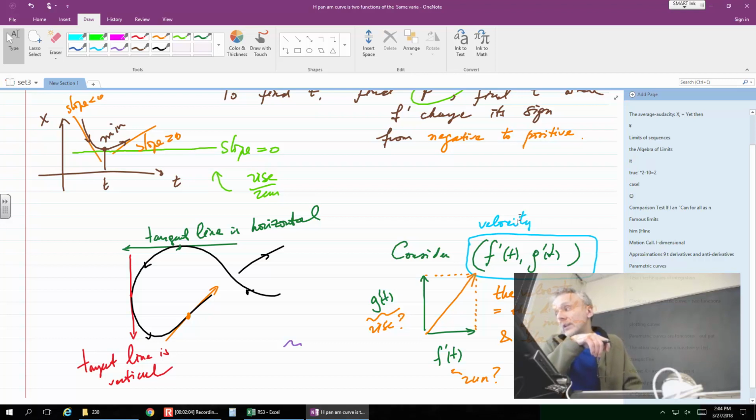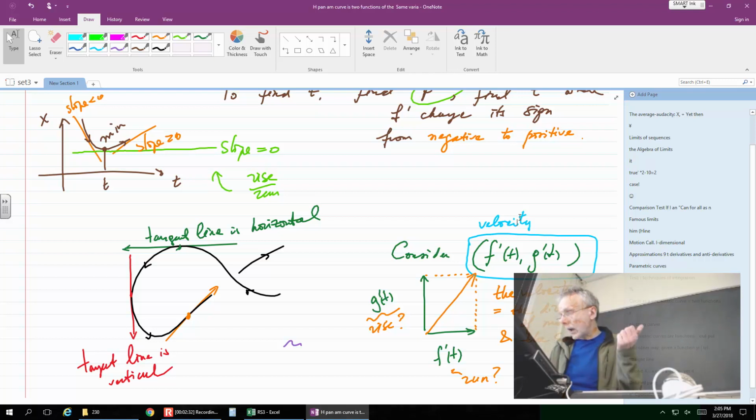But let's just think algebraically. So then f prime is the rate of change in the horizontal direction, the velocity in the horizontal direction, and g prime is in the vertical direction. Vertical and horizontal, it's all relative. It happens to be that the paper, or the screen, is vertical, so there's one horizontal and one vertical direction, but you can do it on the floor and it will be just as good.